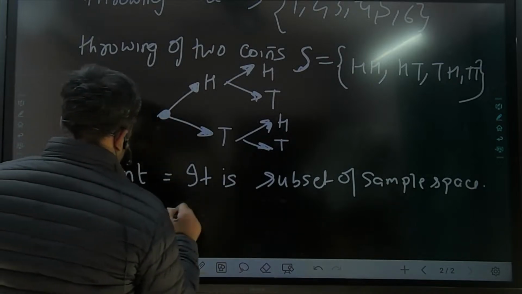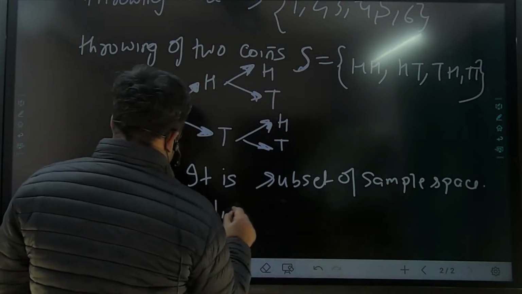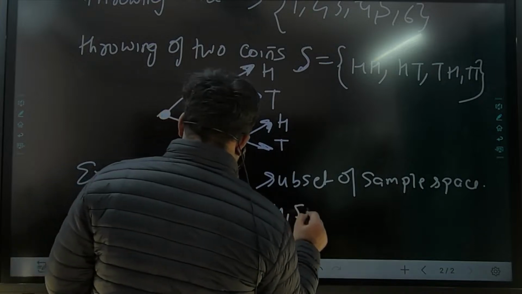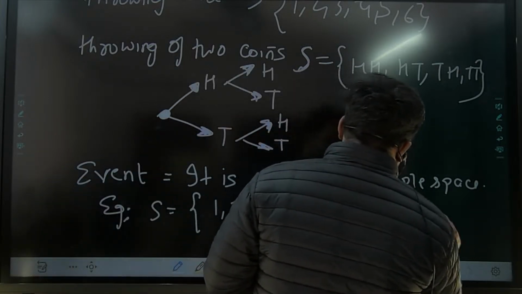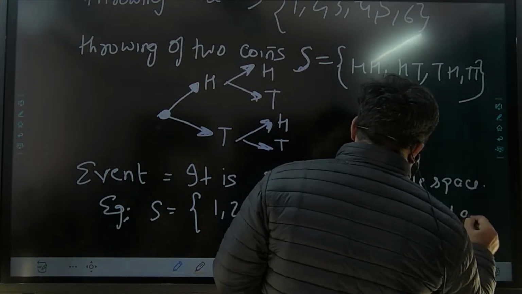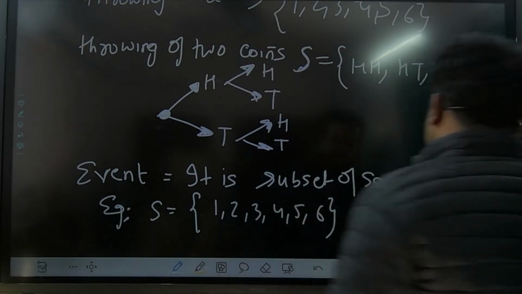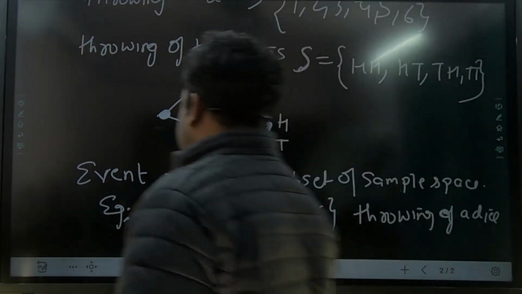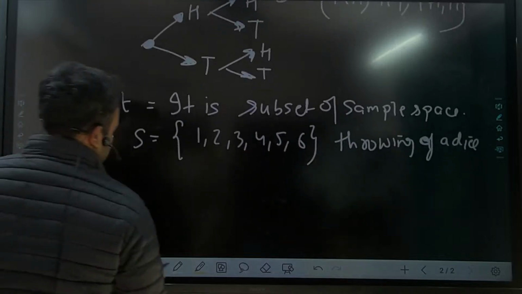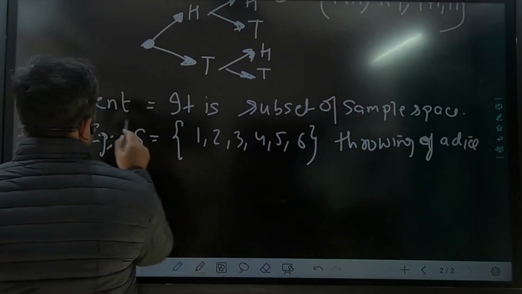For example, if I have a sample space containing 1, 2, 3, 4, 5, 6, meaning the throwing of a dice, and I create an event out of it.